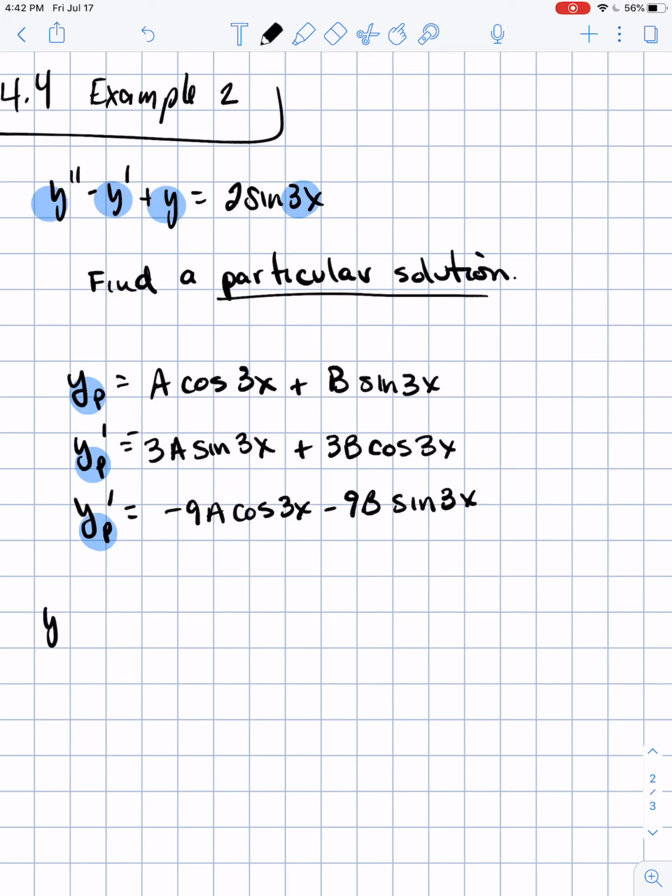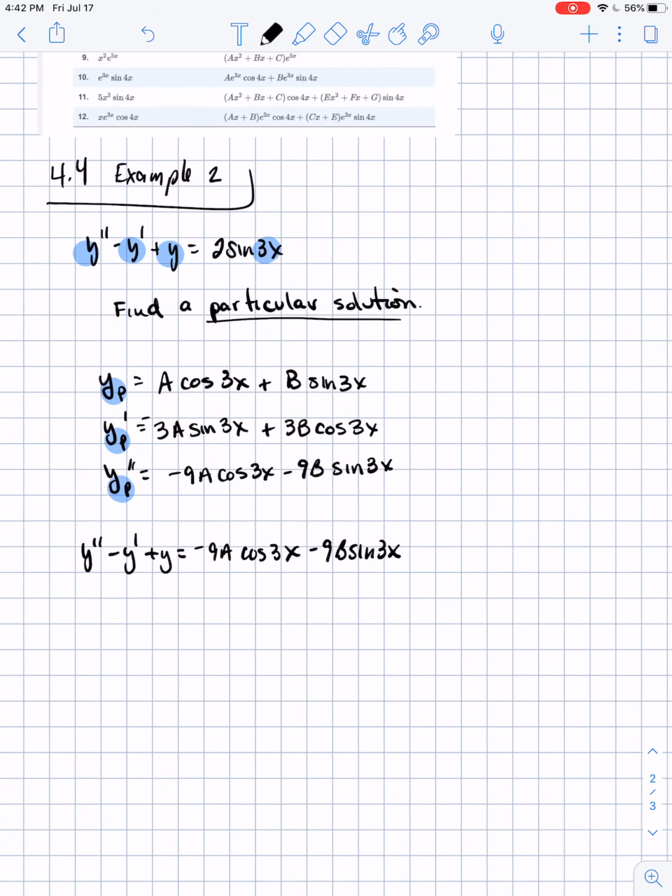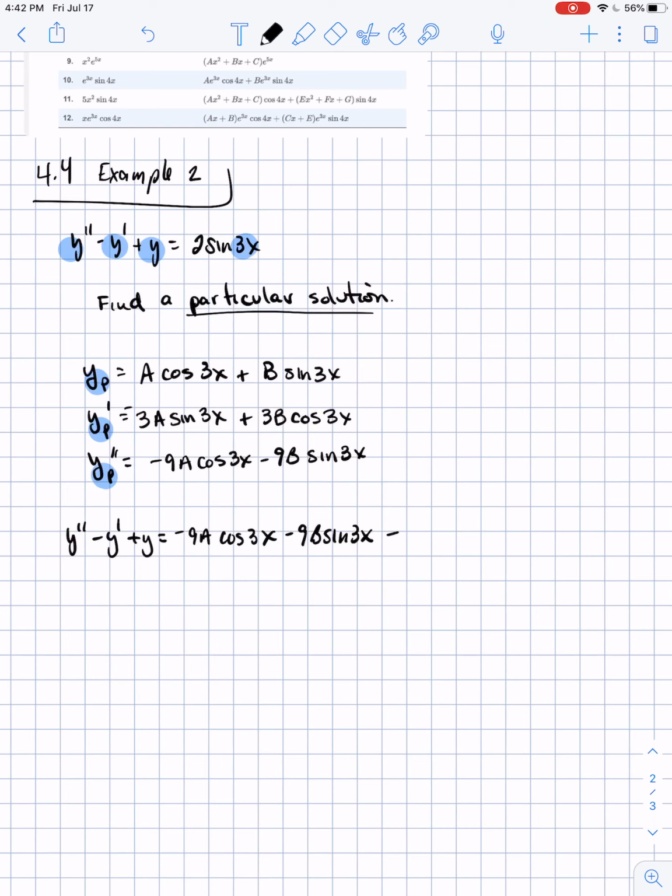So I'm going to have equal to, my y double prime is going to be negative 9a cosine 3x minus 9b sine 3x, and then I'll have minus the negative 3a sine 3x plus 3b cosine 3x, and then plus the last one, which is a cosine 3x plus b sine 3x.